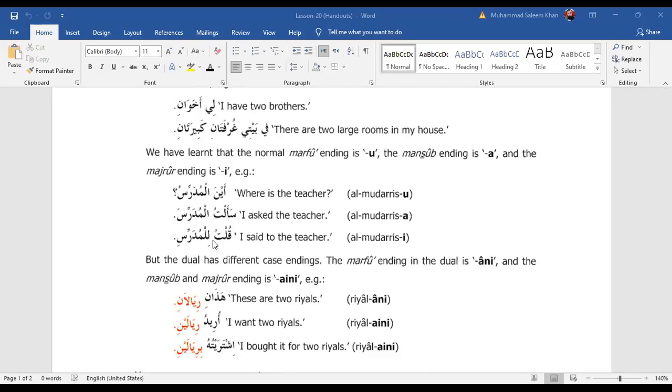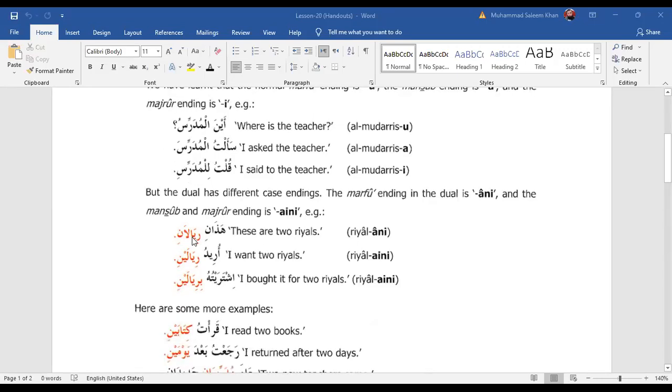And qultu lil mudarrisi, I said to the teacher. Why is it lil mudarrisi? Because of harf jar. All right. So now we know that the noun will be marfu' when it is subject or predicate, and when it is maf'ul bihi, it will be mansub, and when it comes after the harf jar or mudaf ilayh, it will be majroor.